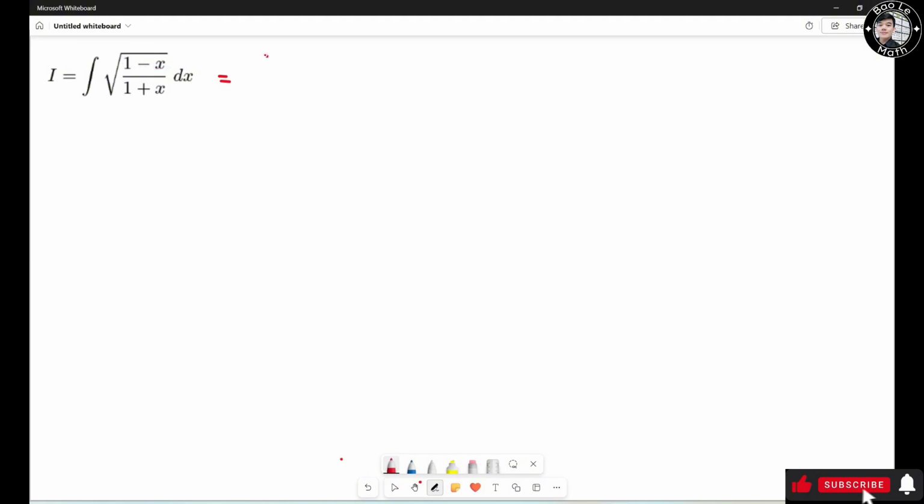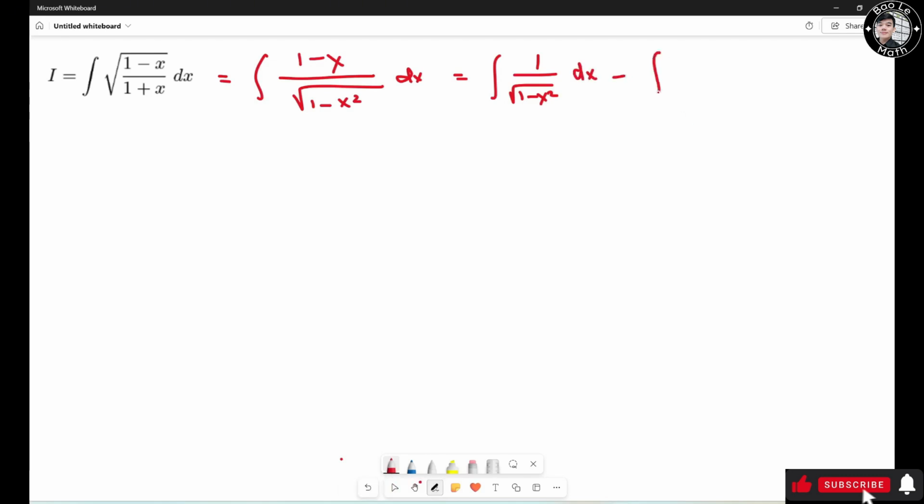So it turns out to be the integral of 1 minus s over square root of 1 minus s squared, right? Now I'm going to split this integral into two integrals. So it could be integral of 1 over square root of 1 minus s squared ds minus the integral of s over square root of 1 minus s squared ds.